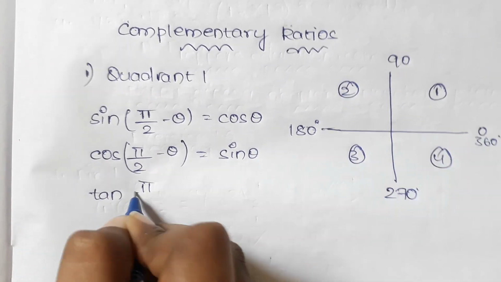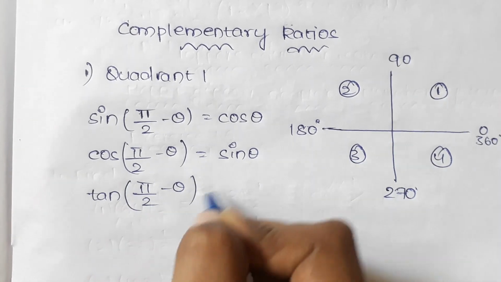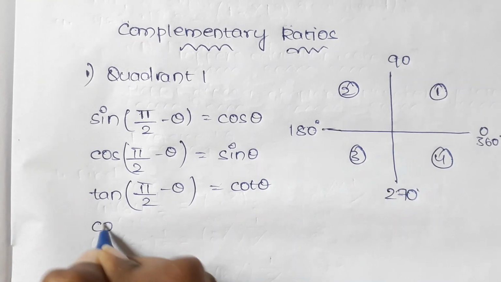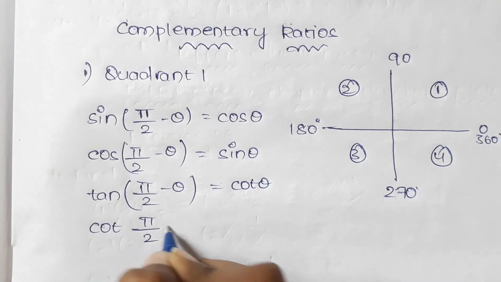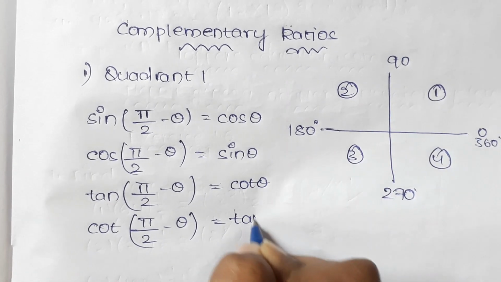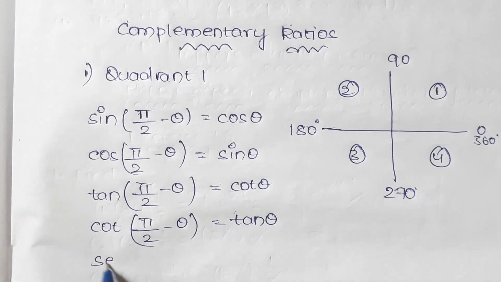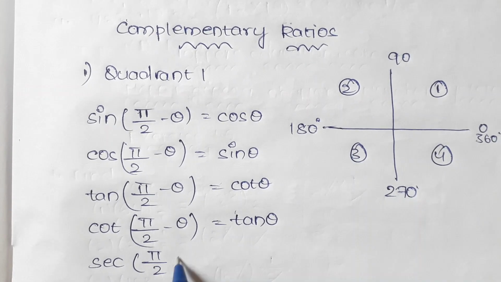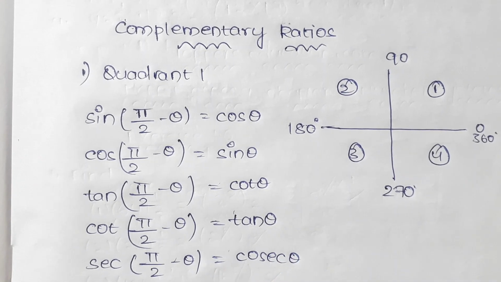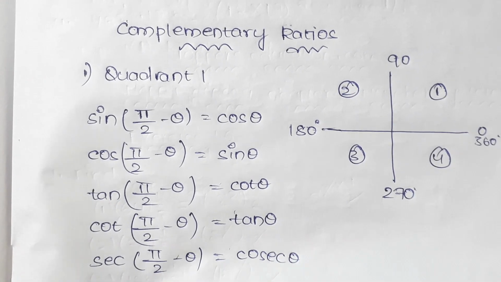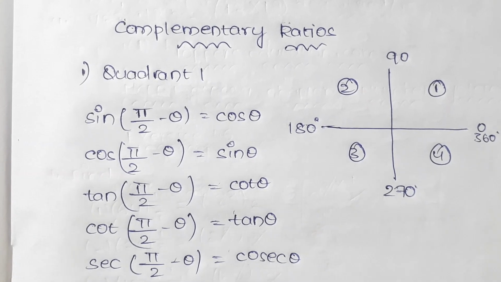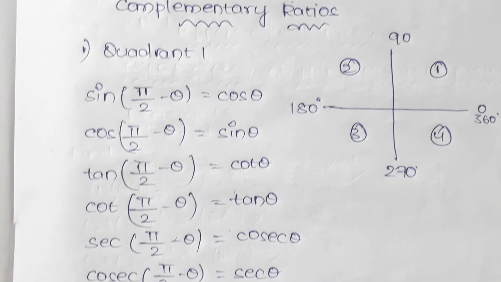Tan of pi by 2 minus theta is cot theta, and cot of pi by 2 minus theta is tan theta. For secant, it is cosecant theta, and finally cosecant of pi by 2 minus theta is secant theta. This is about the first quadrant.